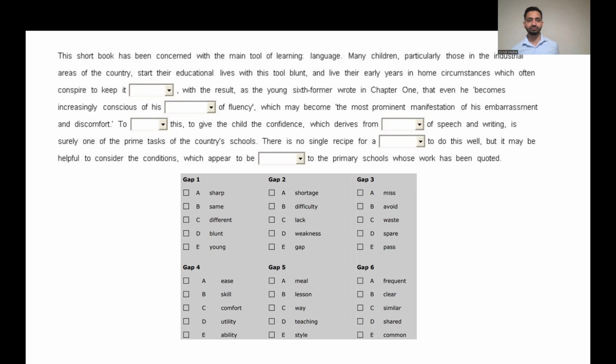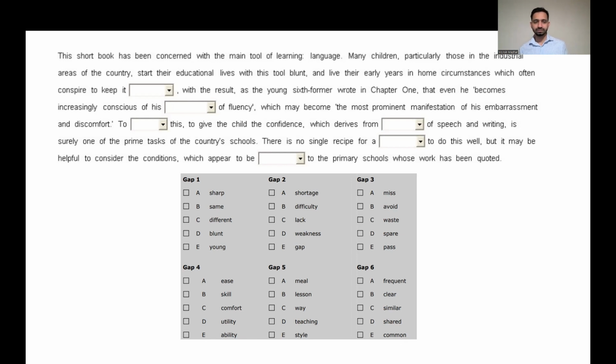Lack of fluency, that's what I would normally use. Gap of fluency, not really. Weakness of fluency doesn't make sense here. We don't really use difficulty of fluency, or shortage of fluency. The most appropriate one that comes to mind here is lack of fluency, right?